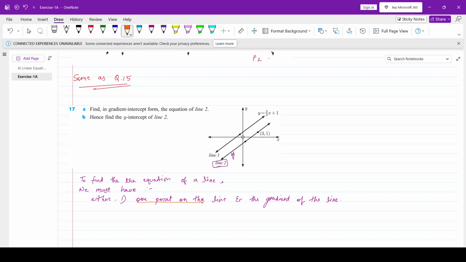This is one part, this is the second part. We need to have these two pieces of information to find the equation of the line.